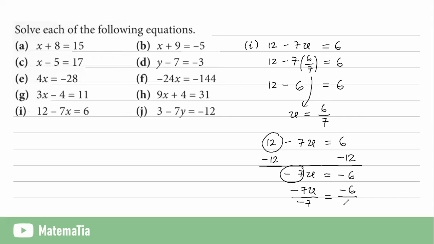So negative 6 divided by negative 7. So here we have 1x, because negative 7 divided by negative 7 is equal to 1. So we have 1x. 1x is equal to x. So x is equal to negative 6 divided by negative 7. Negative divided by negative is equal to positive, so just get rid of the negative sign. So here we have 6 divided by 7.